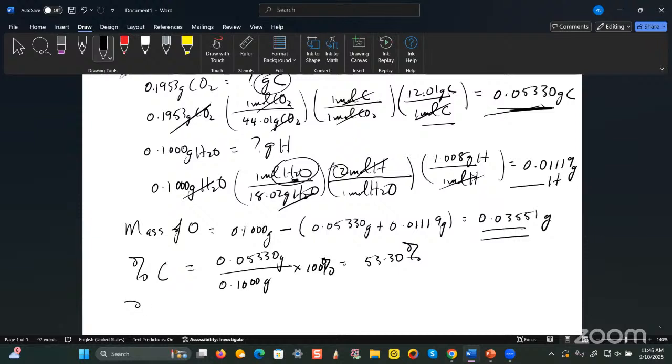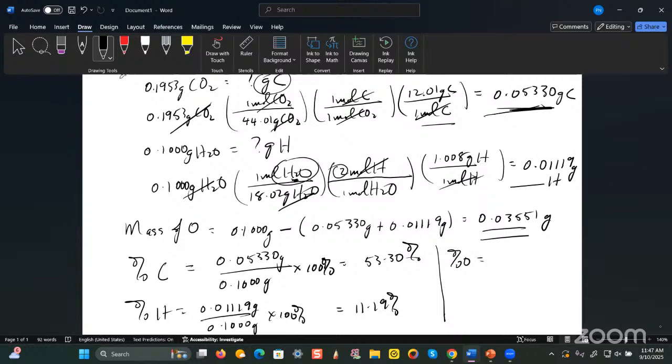We do a similar calculation for the hydrogen, which is, what's the mass of the hydrogen? 0.01119 grams divided by 0.1000 grams times 100%. And that gives 11.19%. And then do a similar calculation for the oxygen.